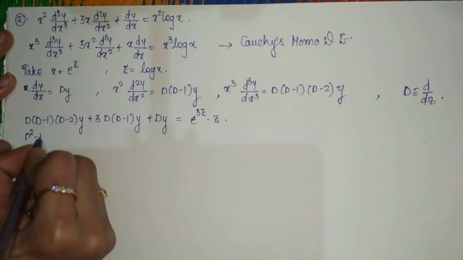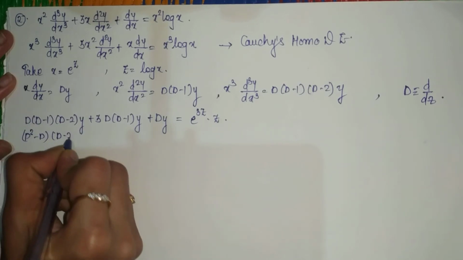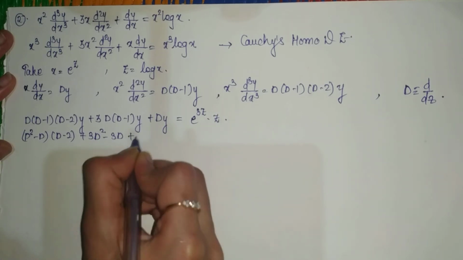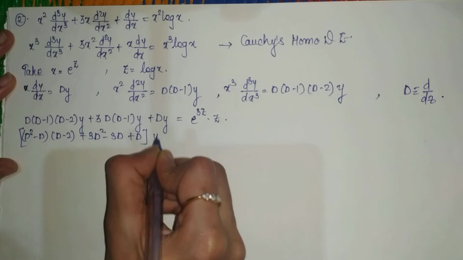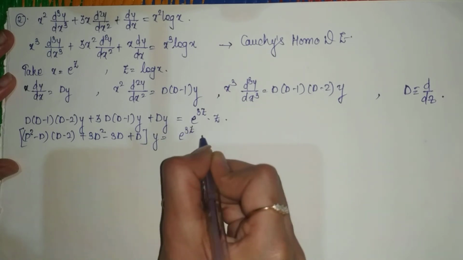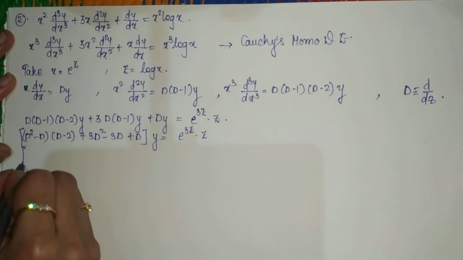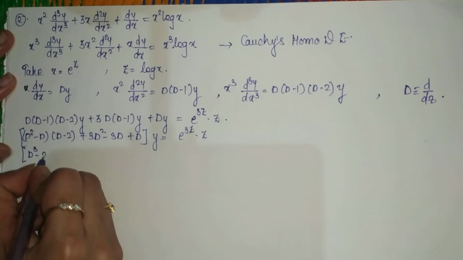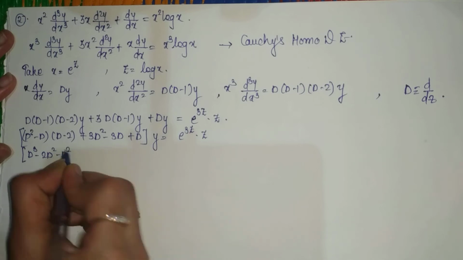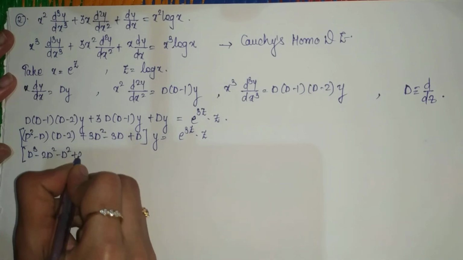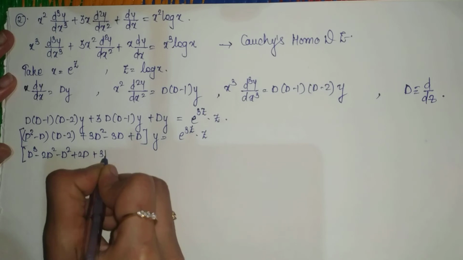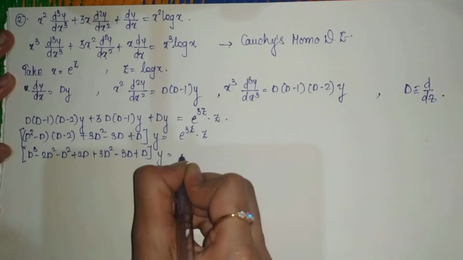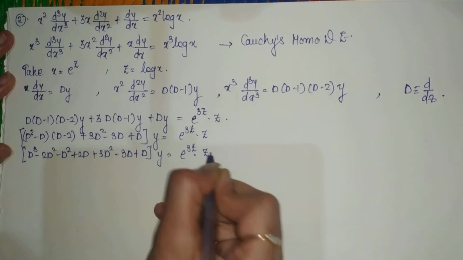So it is D² − D − 2 + 3D² − 3D + D over y equals e^(3z) into z. So let's multiply it. D³ − 2D² − D² + 2D + 3D² − 3D + D over y equals e^(3z) into z.